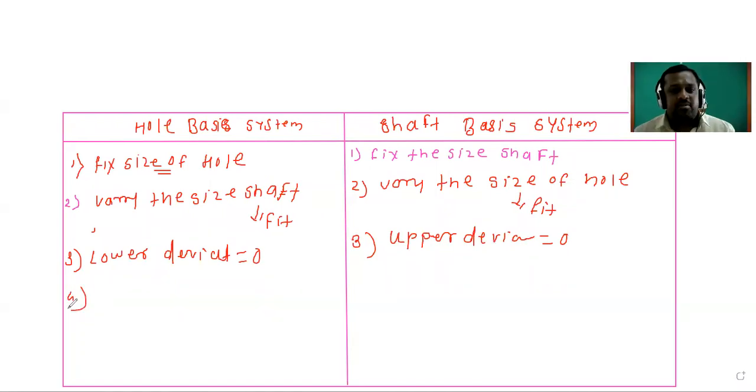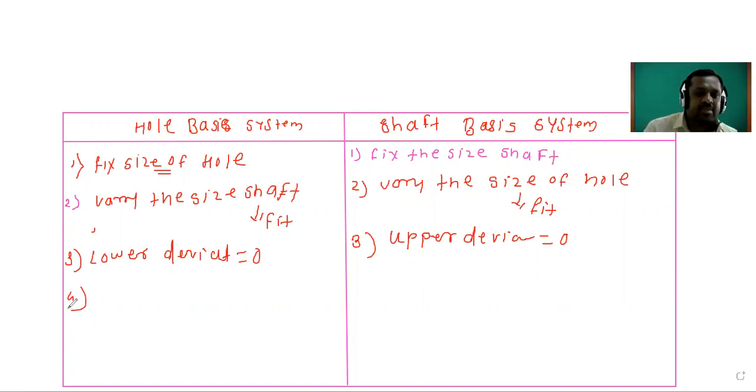Then tell me, which system, whether hole basis system or shaft basis system, is easy to use? Which system is preferred more? Generally the hole basis system is preferred. Why? The reason is it is easy to change the shaft size.